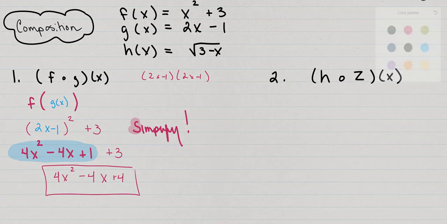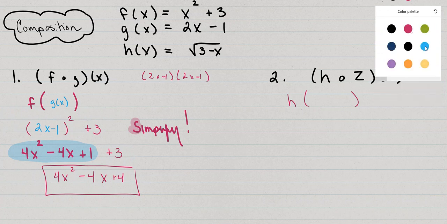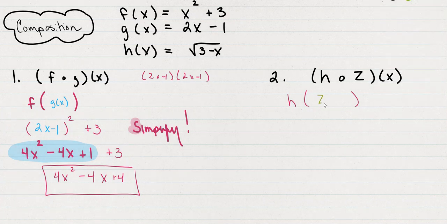H of z. So we've got h of z of x. So I'm going to take this z. Oh, you know what? It looks like I didn't write the z. Or did I? I just called it something different. Let me fix that.